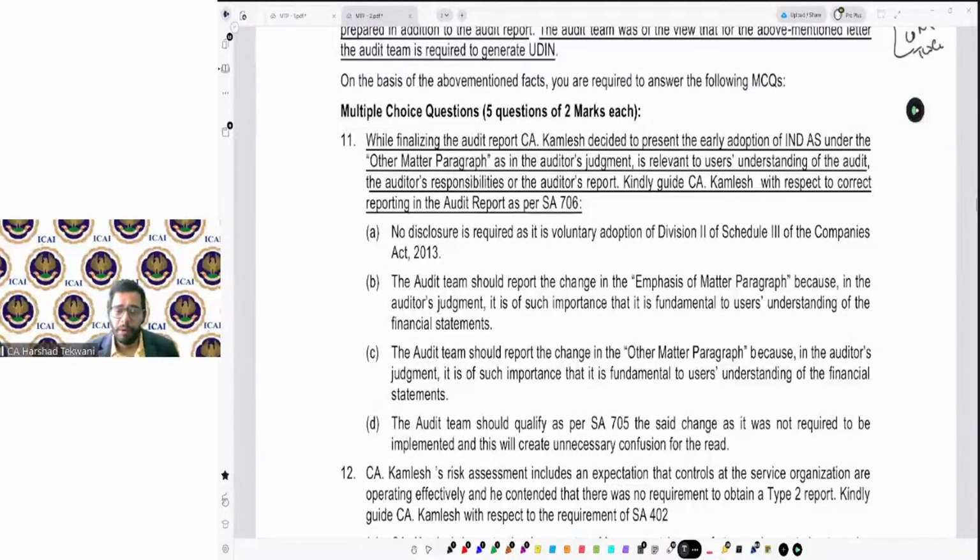Good, Janvi. Good, Sumit. But I want reasons. Come on, guys. Where will you report early adoption of Ind AS in your audit report if you want to enumerate the matter in your audit report?